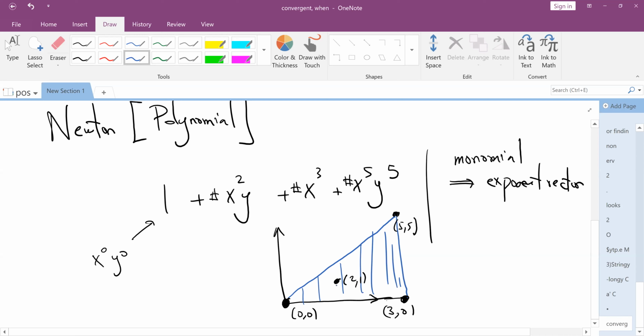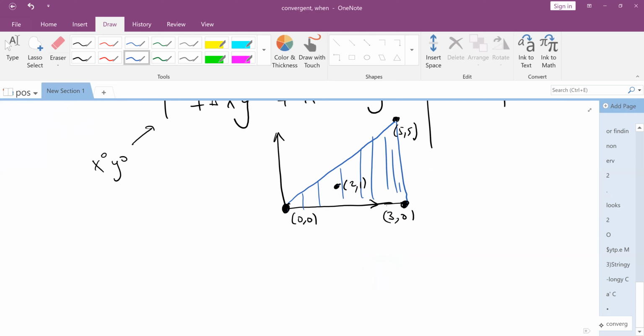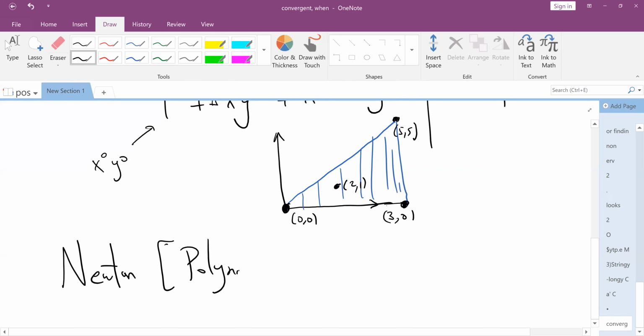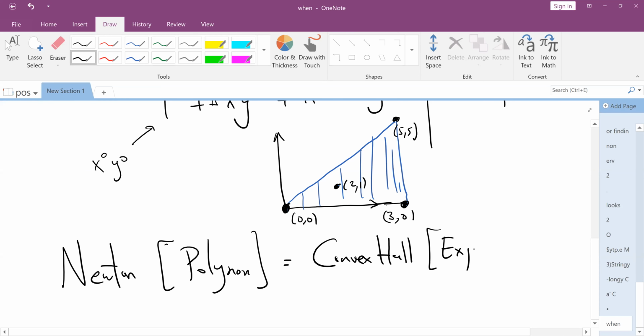So in other words, I imagine I take all those points and I look at all the positive combinations of those vertices that I could get. It's known as the convex hull of all the points. Okay, so that's the Newton polytope of a polynomial: the convex hull of all the exponent vectors of the polynomial.